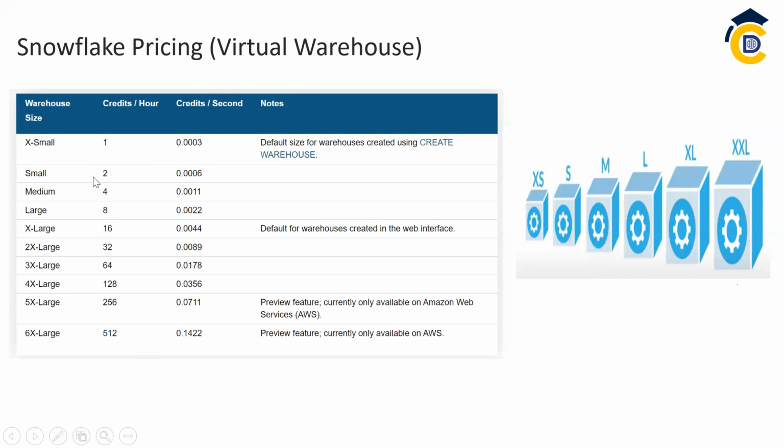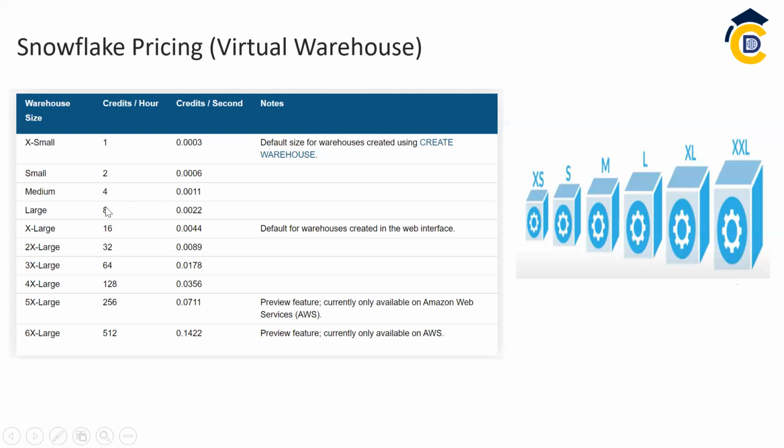But if they are charging based on the virtual warehouse, if I have 8 nodes for the large size and I'm not consuming all 8 nodes, I should still be paying for that entire warehouse, right? If you use the virtual warehouse for 1 hour, then you will be charged 8 credits. Even if I'm not consuming all 8 nodes, I should pay 8 credits per hour, right? Yeah.